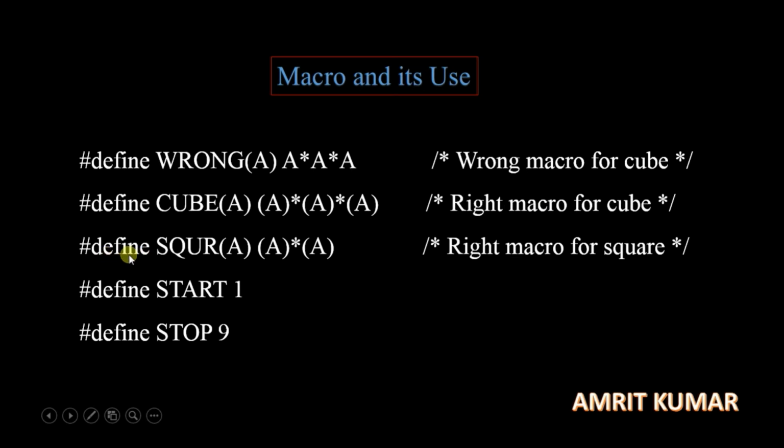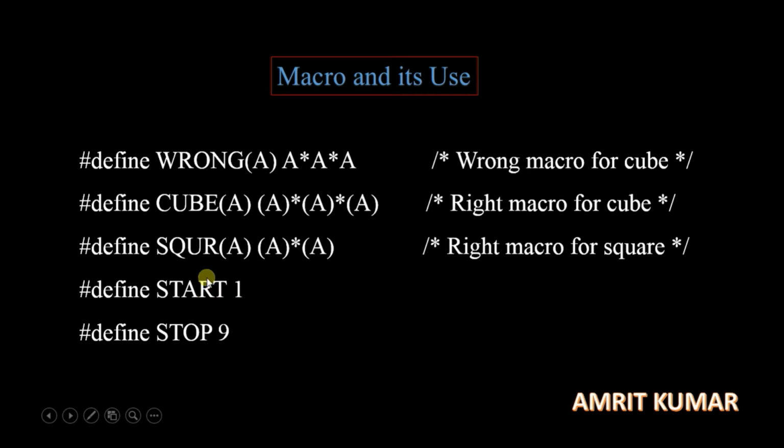Again, you can see hashtag define SQUR. This is also a right macro for square. You need to specify capital letters here. Then we use the square property, A into A, which gives the square. So this is defined as the right macro. Then hashtag define START. START is a macro starting with a capital letter, and it contains 1.